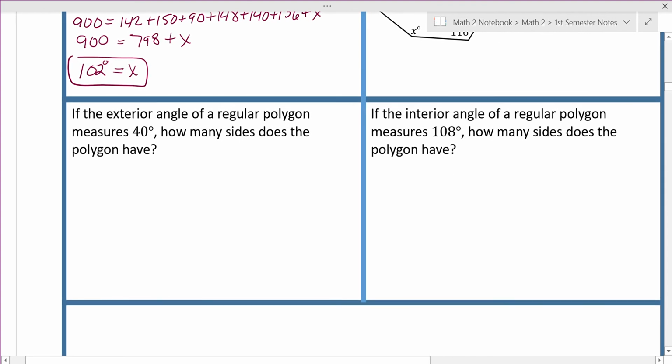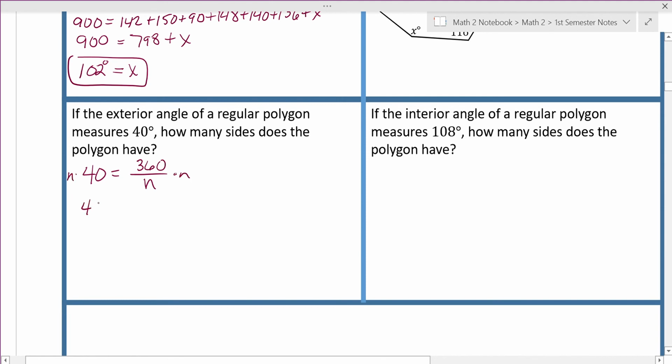If the exterior angle of a regular polygon measures 40 degrees, how many sides does the polygon have? So this is like the one we did above. 40 is the measure of our regular polygon, and we know that with a regular polygon, we can find the measure of one exterior angle by doing 360 divided by n. So as we did before, I'm going to get n out of my denominator.